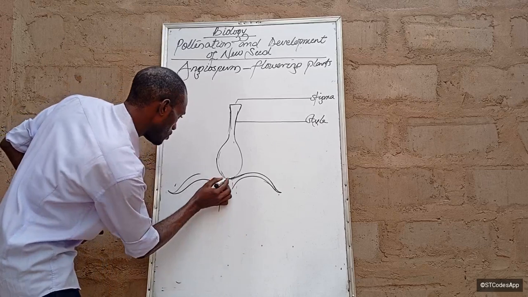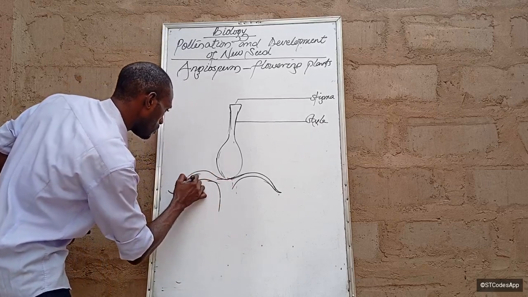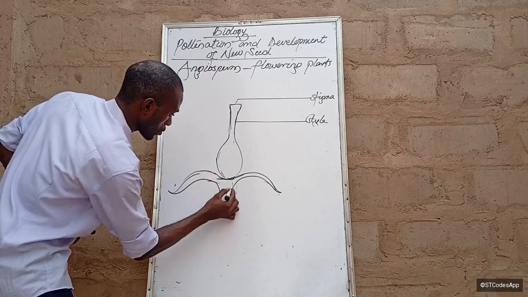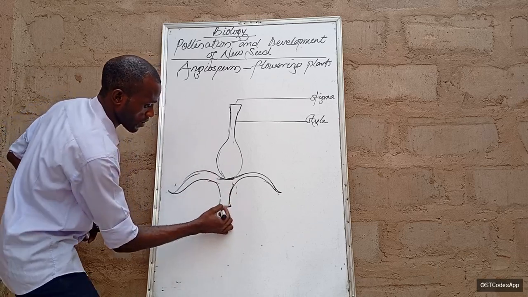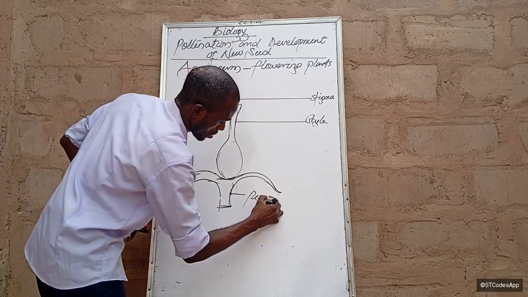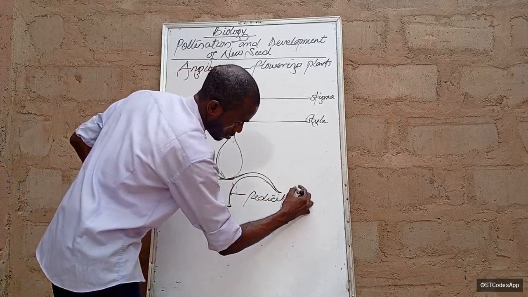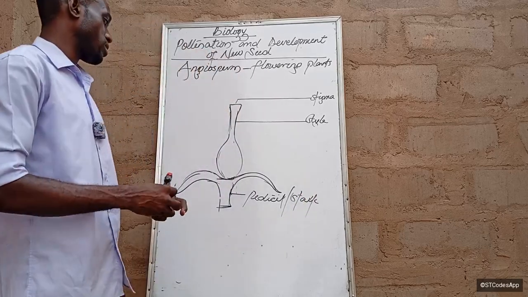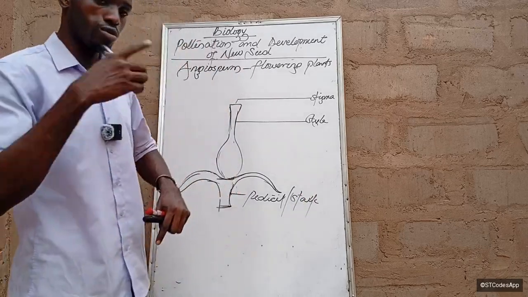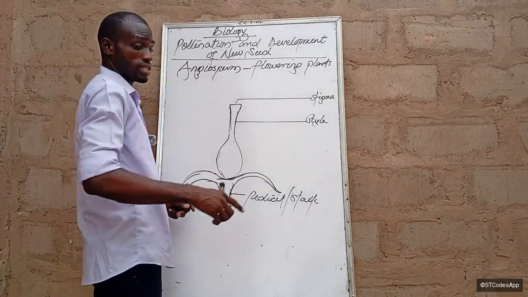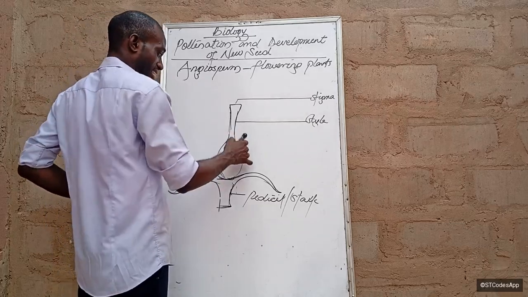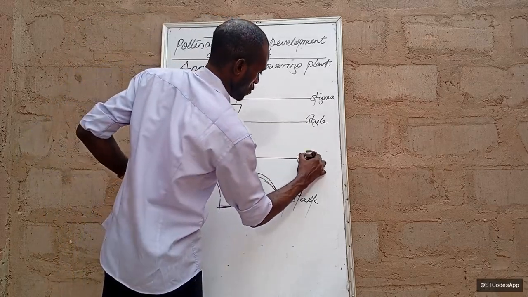So this is the stalk of the flower, or the pedicel or the peduncle. This is the part that attaches the flower to the stem. So the stem of the tree is here, the branch of the tree is here. Exactly. Now inside, this place here is called the ovary.